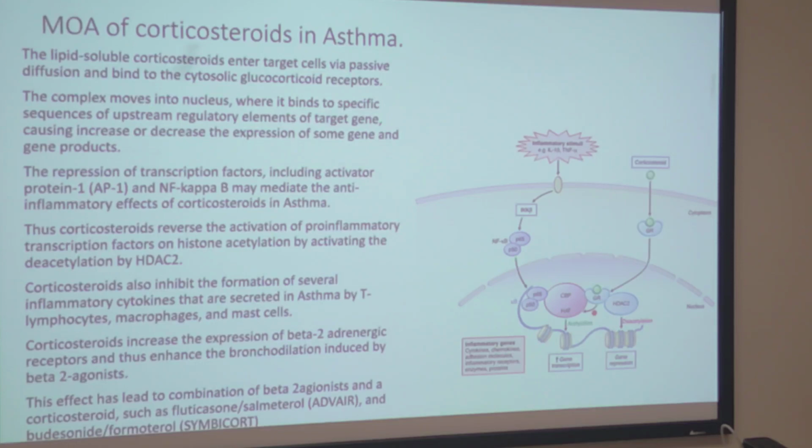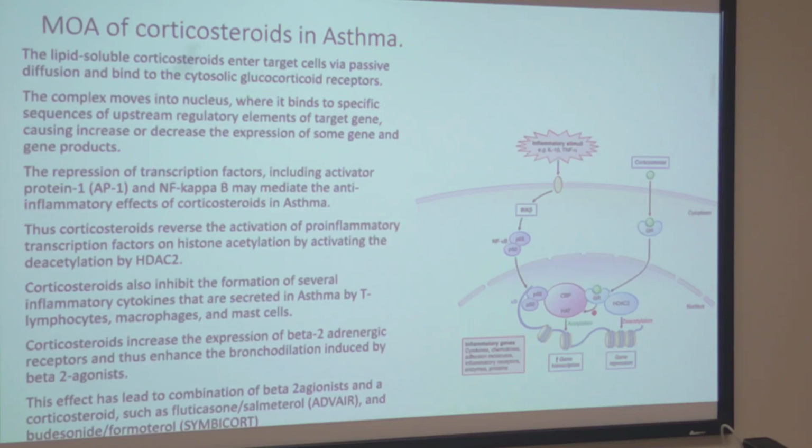And if you block it with corticosteroids, that's what they do. They block the arachidonic acid release by synthesizing more phospholipase A2 inhibitor. Because their action involves the increase or decrease of gene expression, the phospholipase A2 inhibitor is one of them.